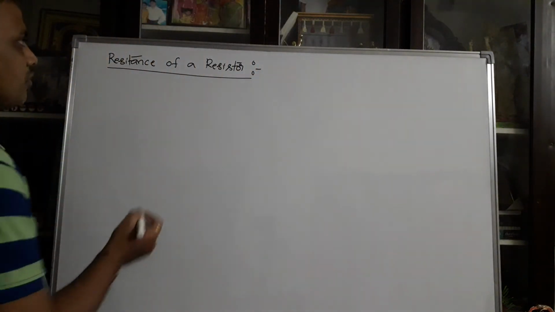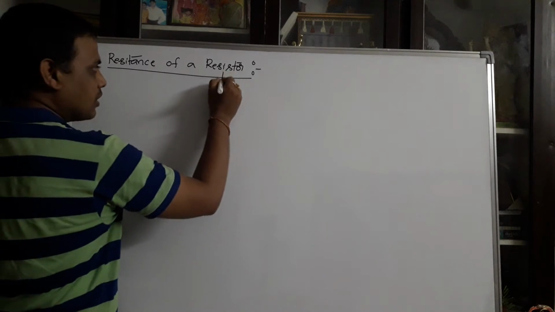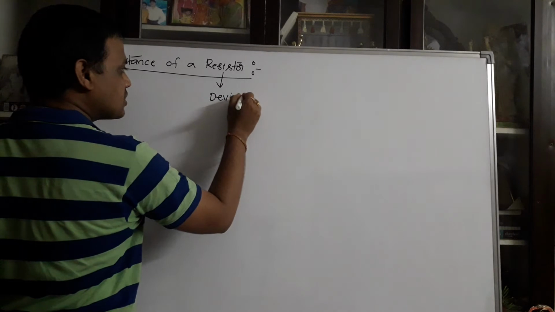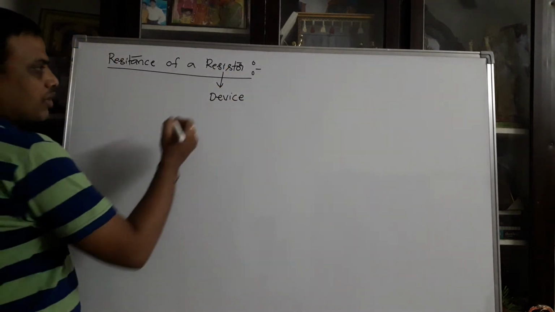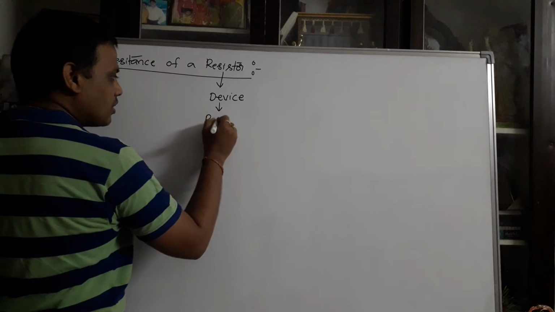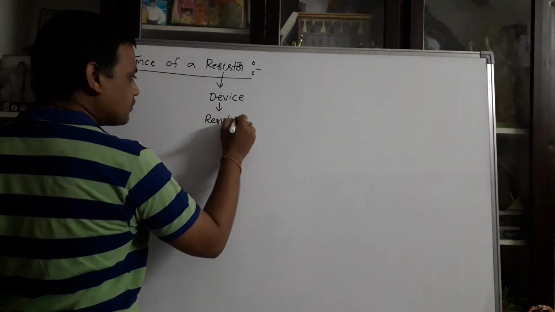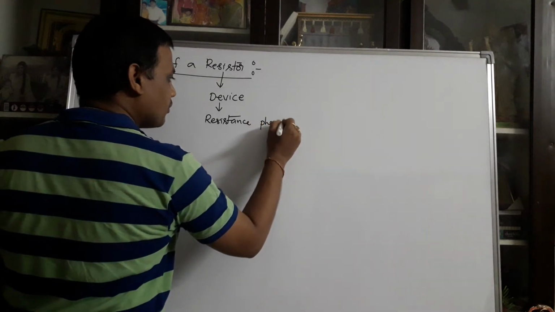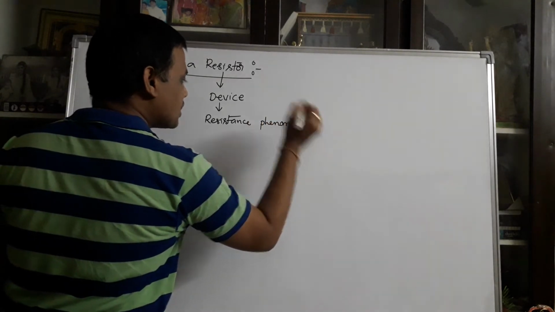First of all, what is a resistor? A resistor is nothing but a device. What is the device? This device obeys the resistance phenomenon. What is the resistance phenomenon?